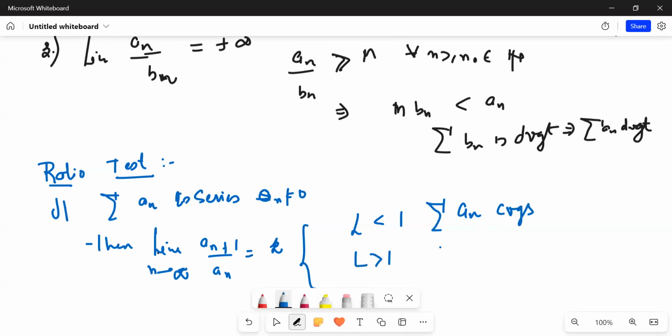If L is greater than 1, then summation An diverges. If L is equal to 1, then this test becomes inconclusive.